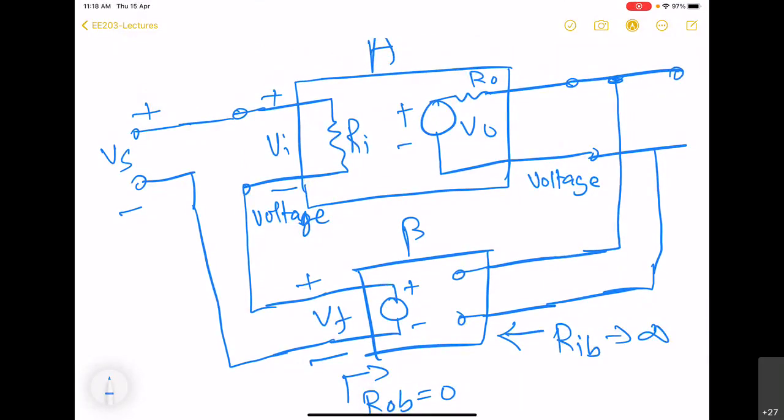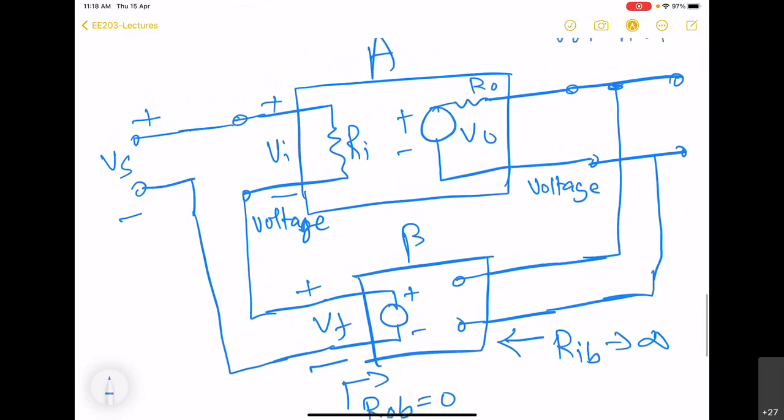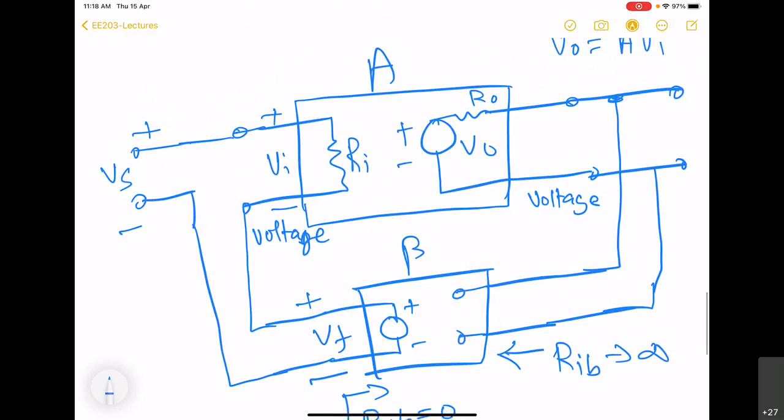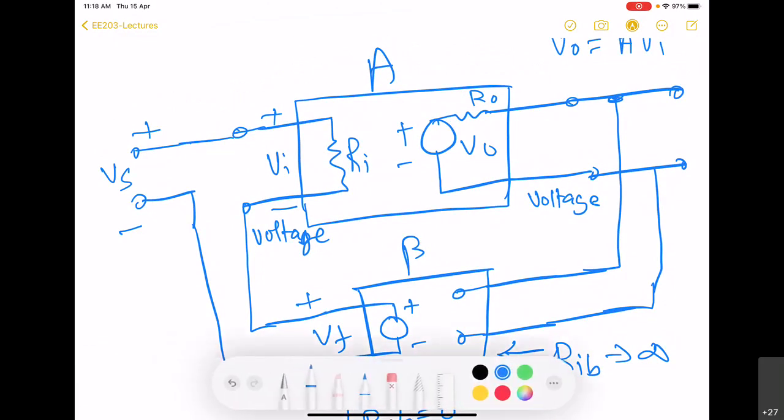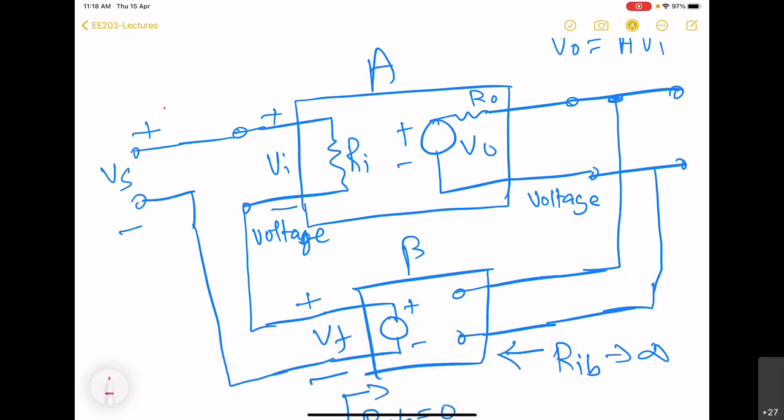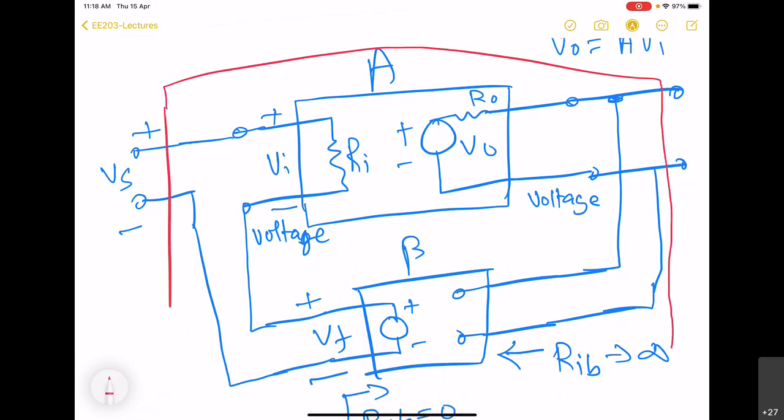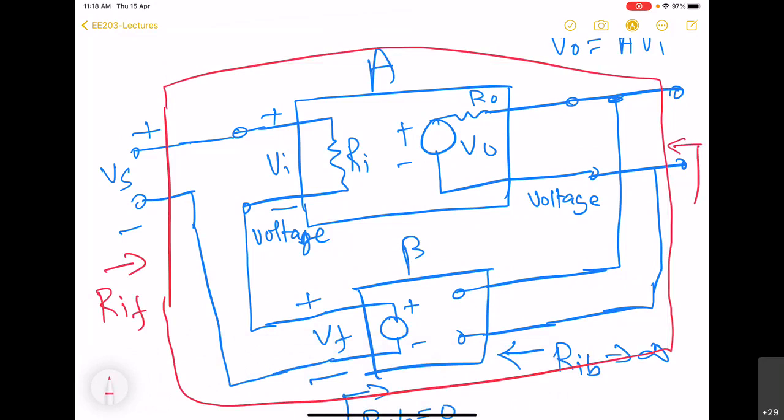So for this case, now we want to know what will be the overall input impedance and output impedance. That means we want to treat this as a single block and then find out what will be the RIF and ROF.